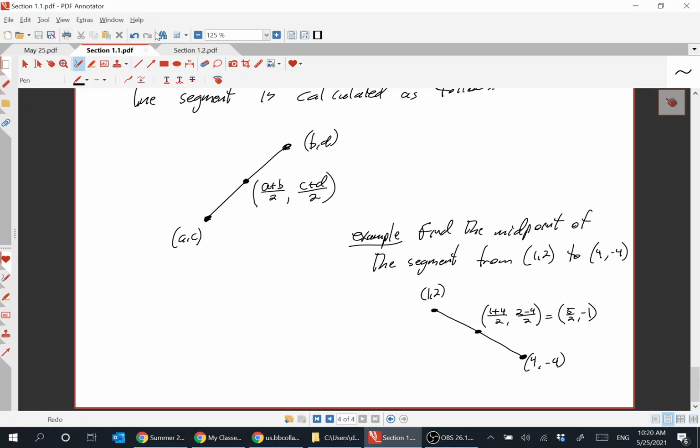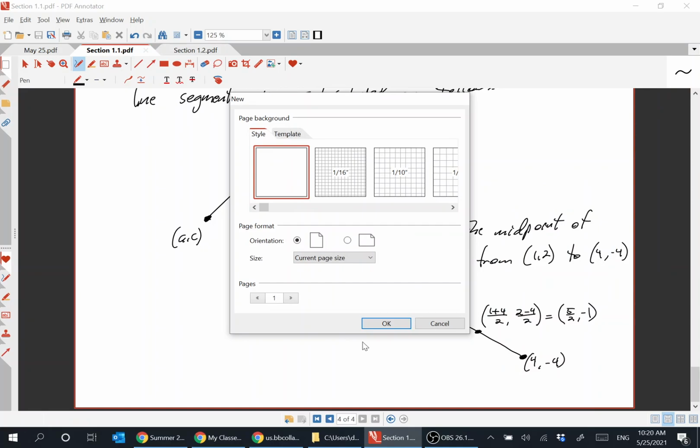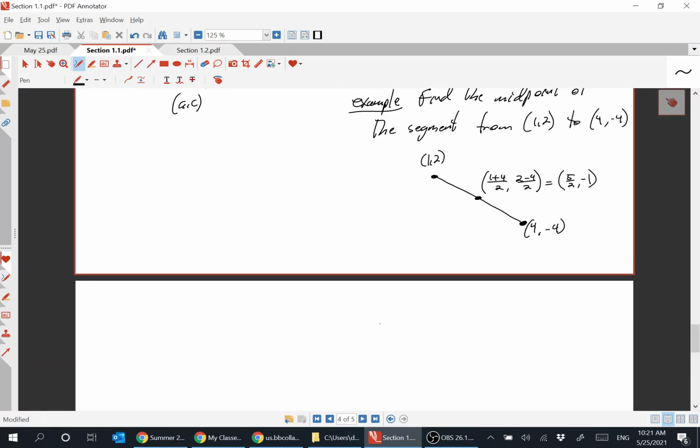A little bit more from there, you can also find, say, the midpoint here.